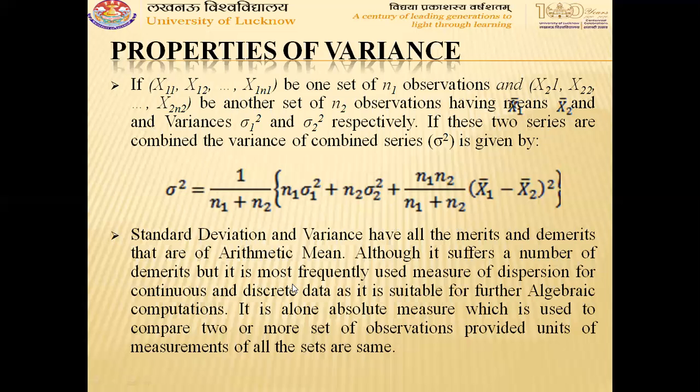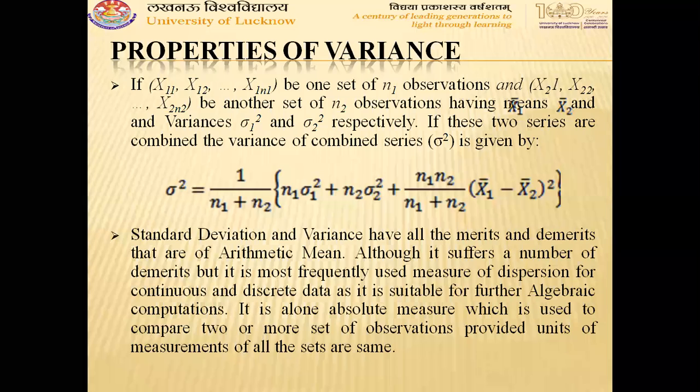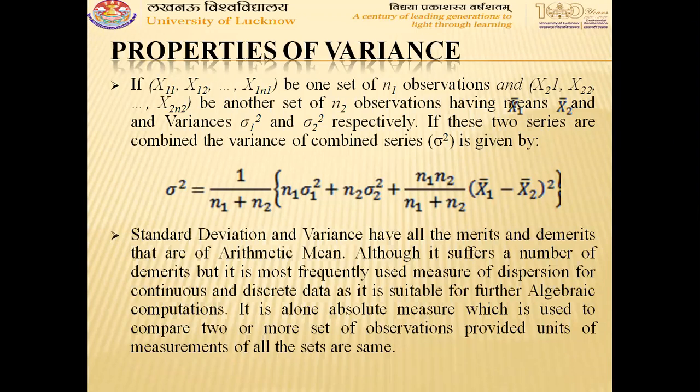We also discussed the standard deviation, and the properties of standard deviation are discussed in terms of variances. Variance and standard deviation both involve the arithmetic mean, so both suffer from all the drawbacks of arithmetic mean and have all the merits of arithmetic mean.